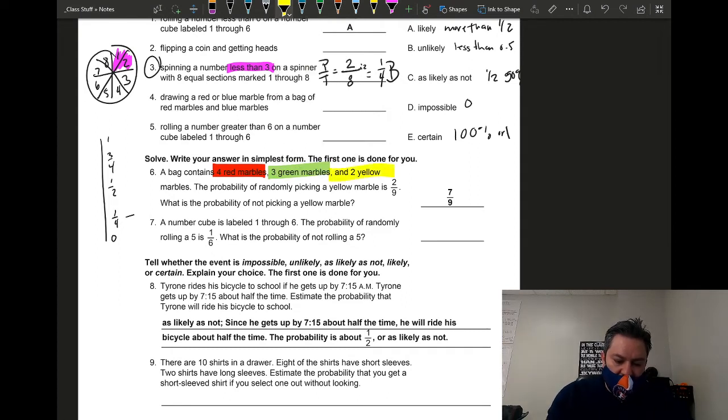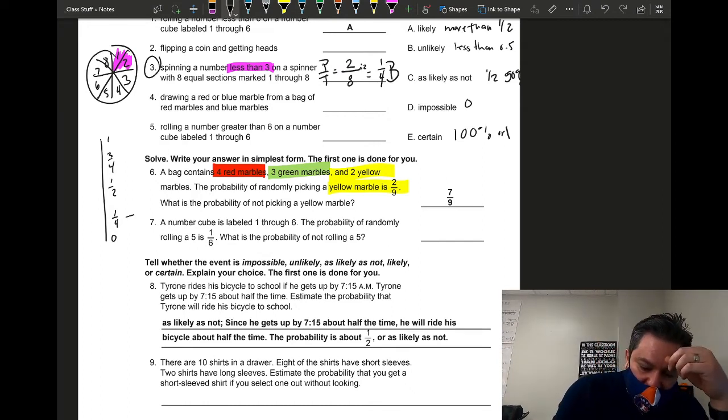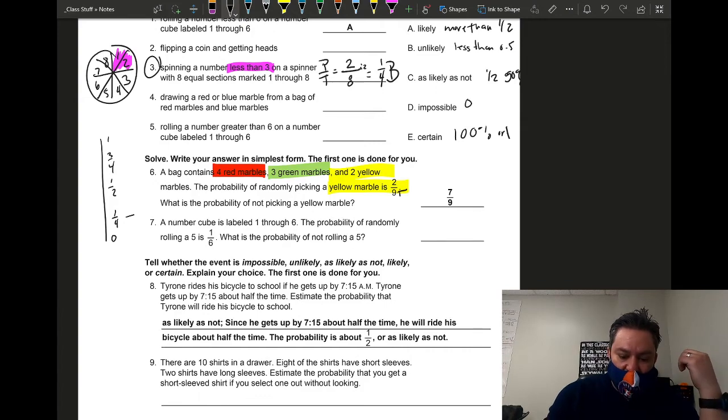The probability of randomly picking a yellow marble is 2 ninths. Okay, 2 ninths. Why is that? Because look at the total. How many total marbles do I have? 4 plus 3 plus 2 is going to be 9. Okay, that's why they have the total right there, 9.